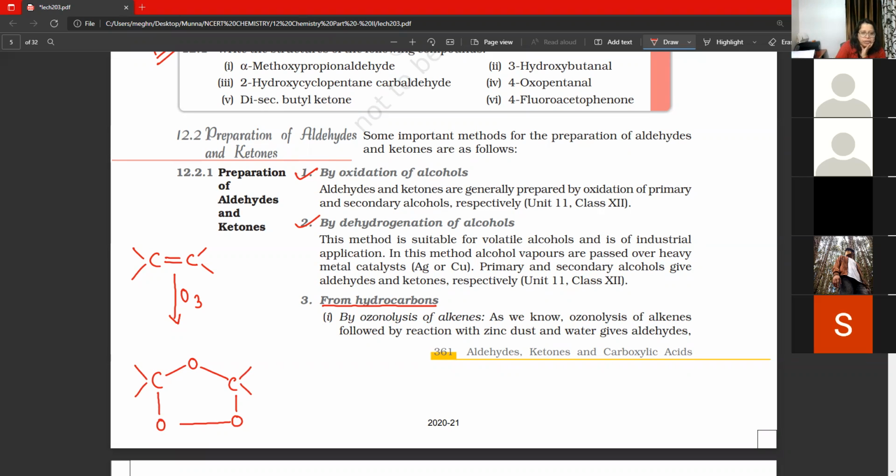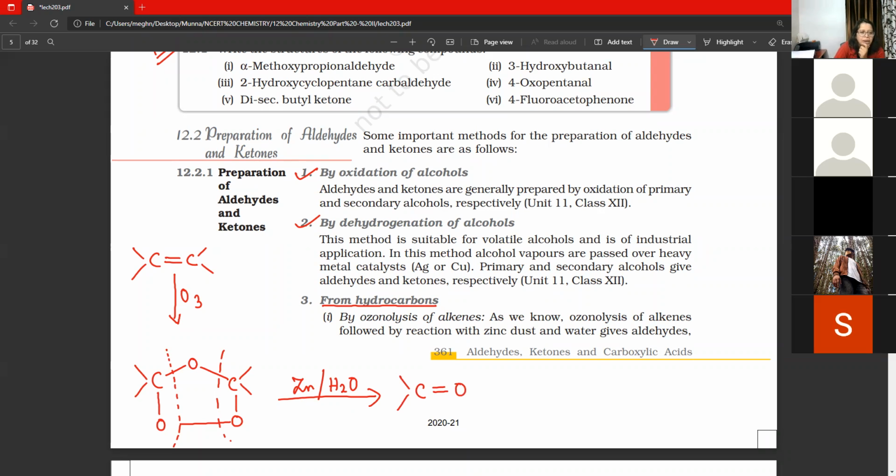This ozonide, when it reacts with zinc dust and water, see, this gets dissociated like this. That means carbon is left with how many bonds? 2 bonds, which was present in the alkene itself, and it's got attached with an oxygen. So it will be represented this way, double bond O, because carbon has 4 bonds.